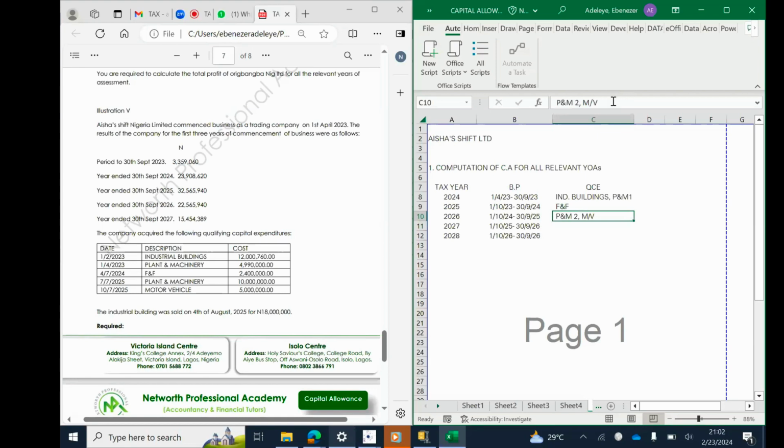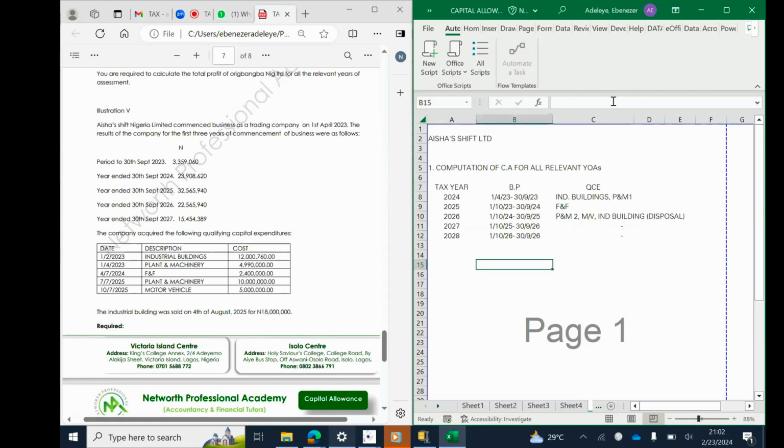All right, we have to put it here. Industrial building sale or disposal. Is that okay? Please confirm that that is okay. We do not have anything here. Is that right?